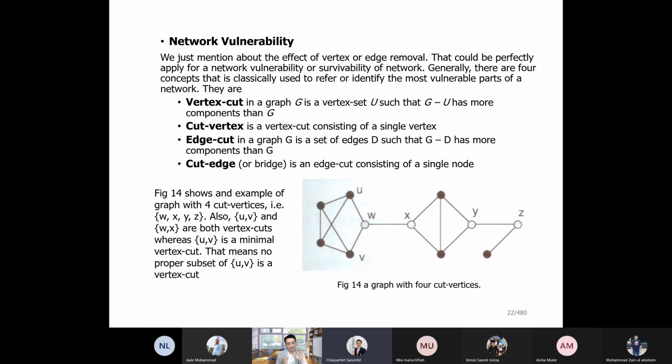We also have a special case that we call cut vertex. A cut vertex is where removal of only one vertex causes the disconnection. It means the vertex cut consists of one single vertex.